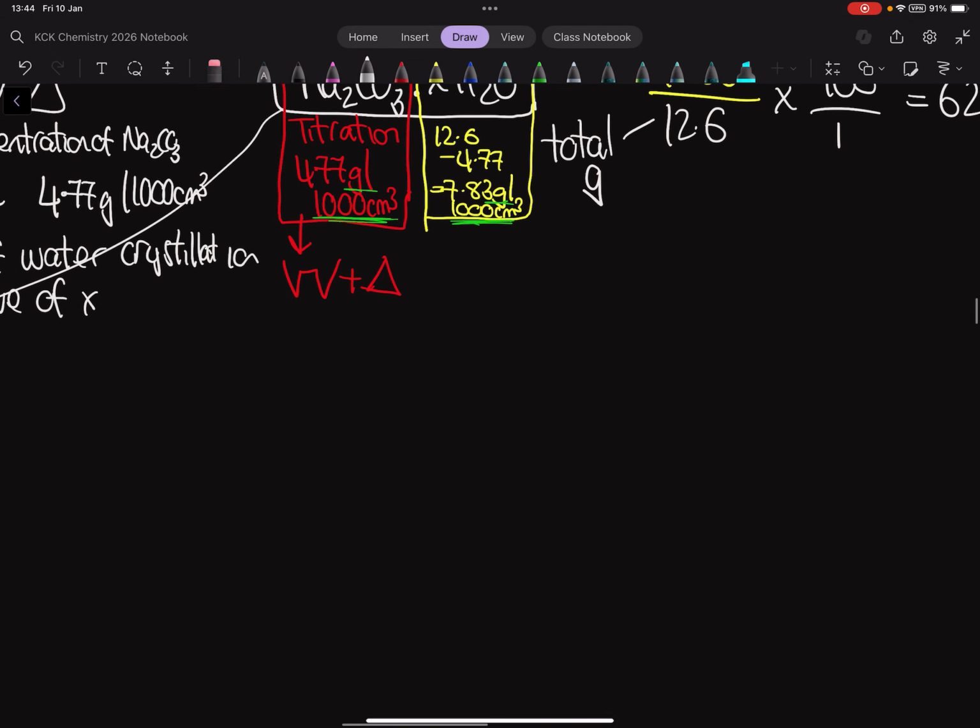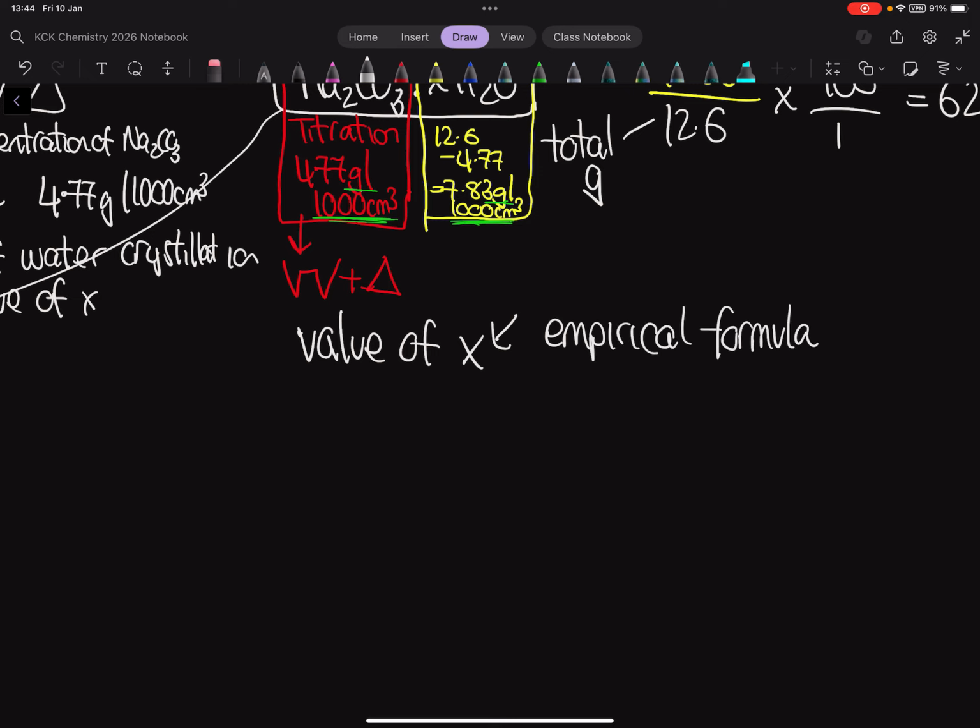The value of x is a little, not more complicated, because you've done the maths before. To work out the value of x, we're going to use our empirical formula calculation. In empirical formula, we take grams or percentages and turn them into moles in the first instance, and then we divide by the smallest number. Remember, from your definition of empirical formula, it's the simplest whole number ratio.